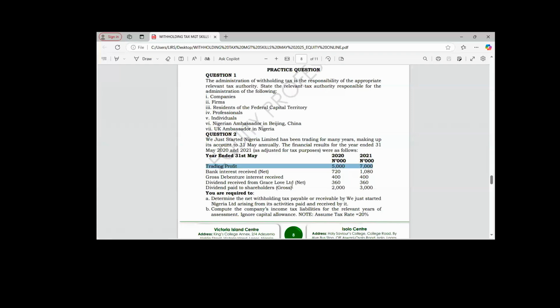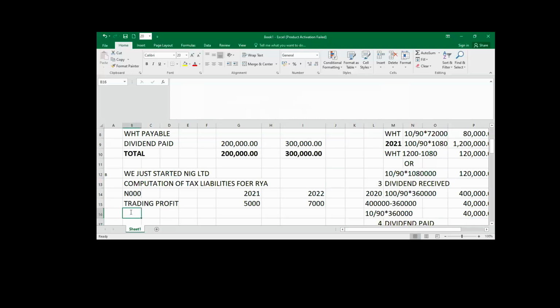So when you are going to state his income, you state his total gross income, bank interest received. So you now come to our solution. Bank interest is also an income received, so you are going to state the gross amount.